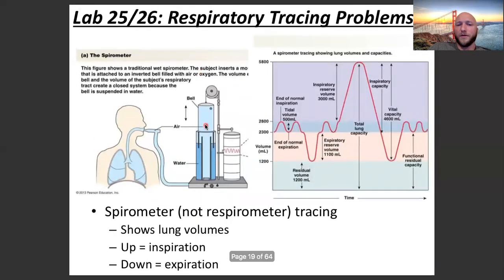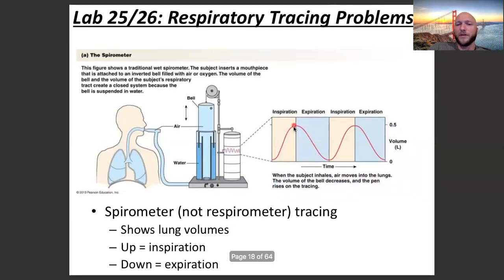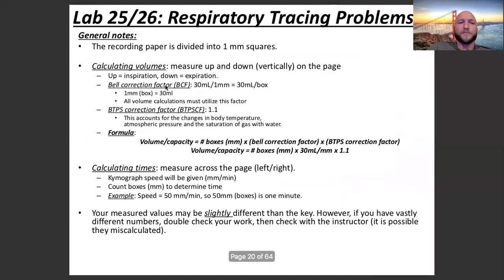Volume is depicted by the vertical change in the tracing. Time is depicted by the lateral change. So up is inspiration, down is expiration.